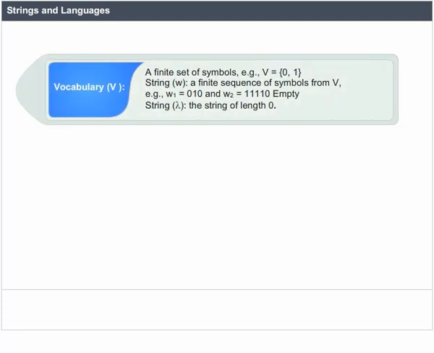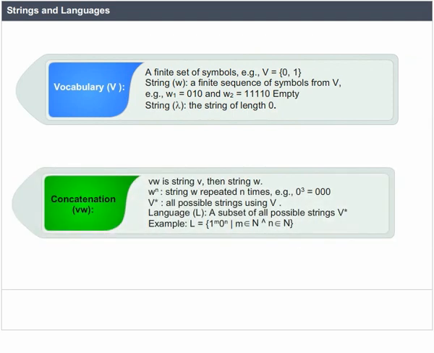Strings and languages. Vocabulary V: a finite set of symbols, for example V equal to {0, 1}. String W: a finite sequence of symbols from V, for example W1 equal to 010 and W2 equal to 11110. Empty string lambda: the string of length 0.